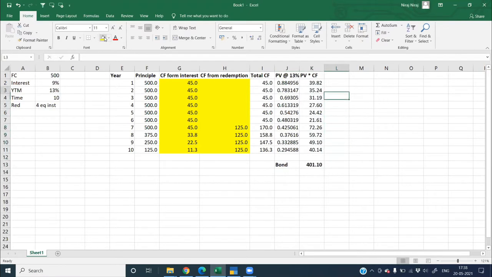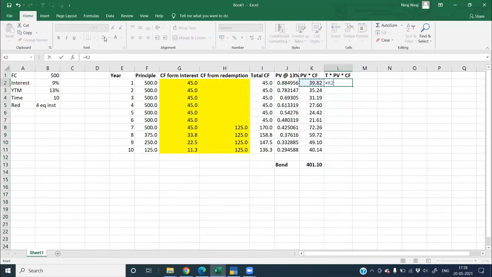Now, my second question that can be asked here is to calculate the duration of the bond. For calculating duration of the bond, we create one more column, that is time into present value into cash flow. So what we'll do here is this multiplied by time multiplied by present value multiplied by cash flow.